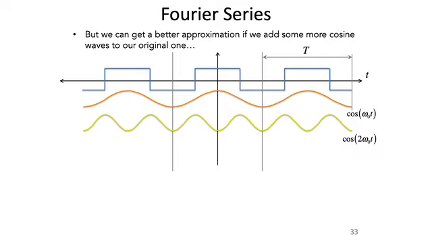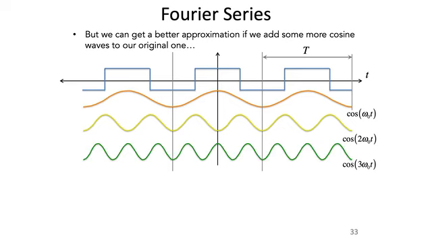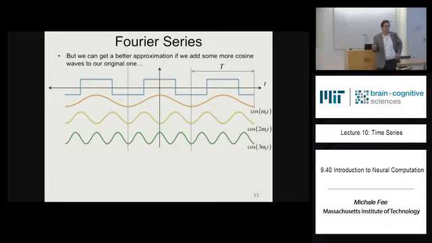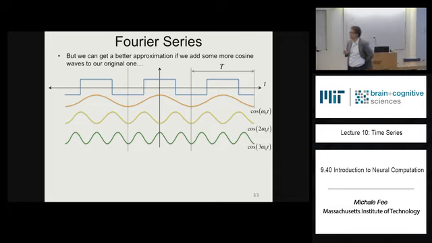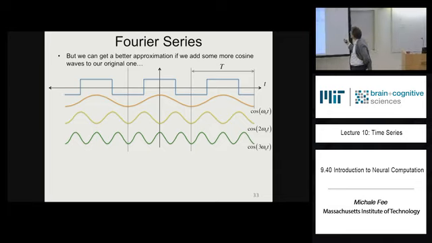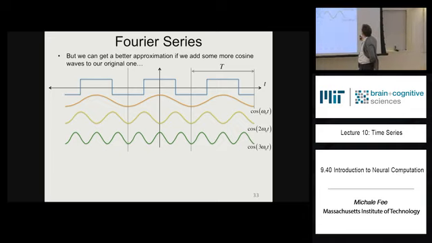Why can we get away with just adding more cosines that are integer multiples of this frequency omega naught? Any idea? Why is it not important to consider 1.5 times omega naught or 2.7?